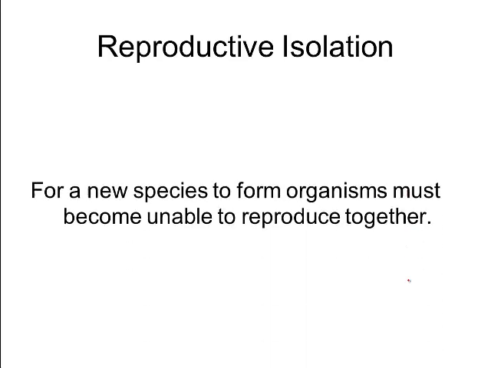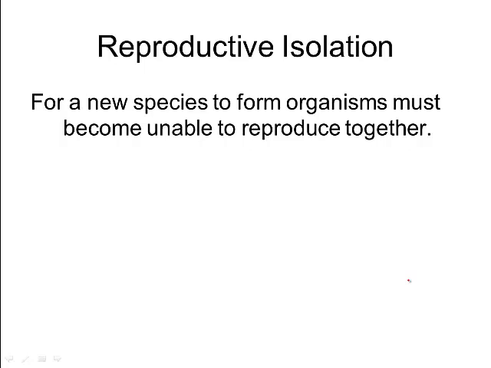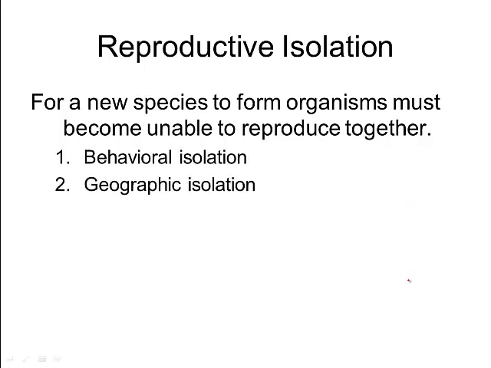So what had to happen with those fruit flies is they had to become reproductively isolated in order for this to happen. So in order for any new species to form, a group of the same species have to become unable to reproduce together for some reason. The main ways that this happens, there's behavioral isolation, there is geographic isolation, and there is temporal isolation.